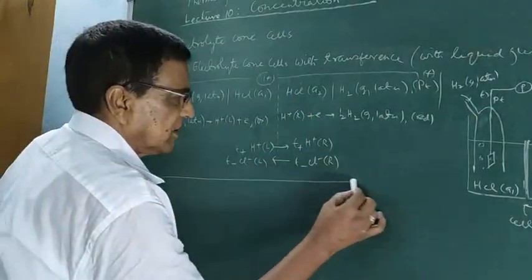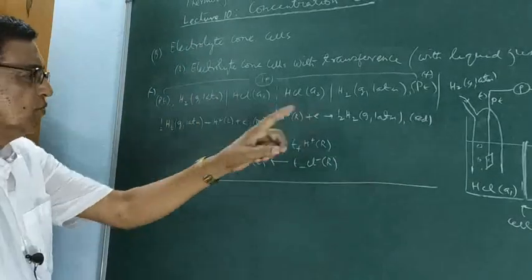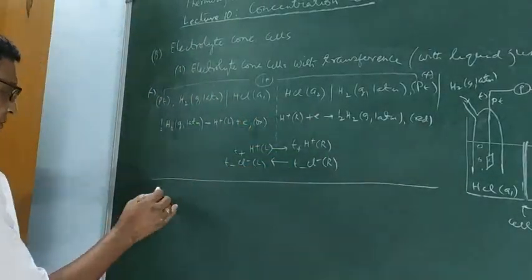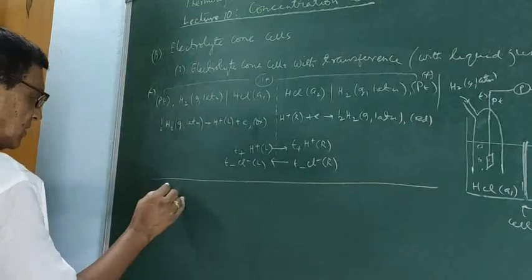If we add all these three, the two electrode reactions and the transport, we can cancel like terms.